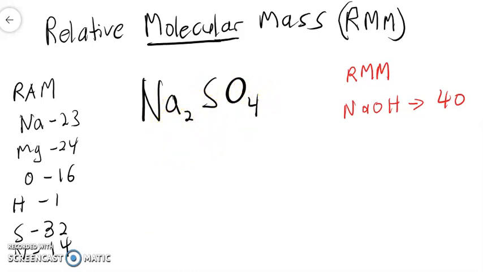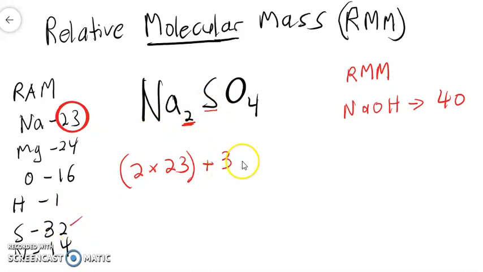Now, this 2 represents 2 sodium, so we have to multiply with 2. 2 multiplied by sodium, and sodium is 23. Now we have to add sulfur. Sulfur is only 1, which is 32.